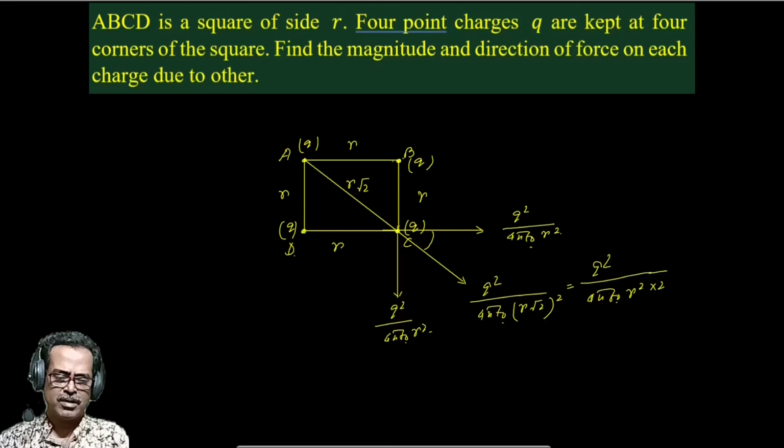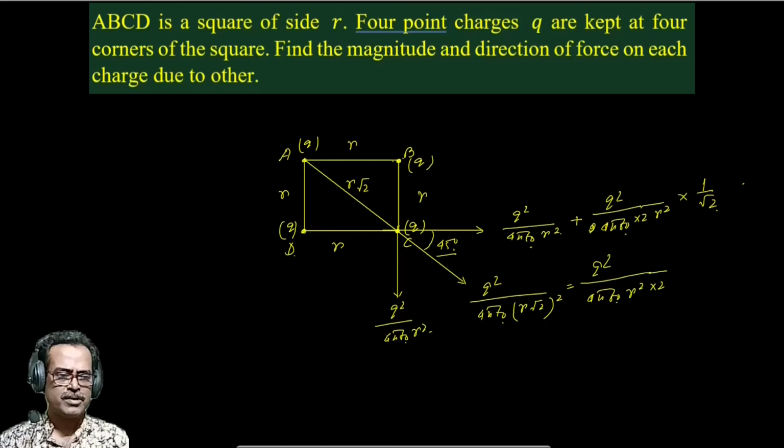In the second method, it is 45 degree and the component of the force along DC direction is equal to Q square by 4 pi epsilon 0 into 2 R square into sine 45 degree or cos 45 degree, that is equal to 1 by root 2.